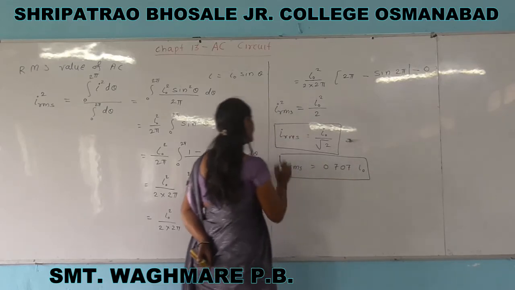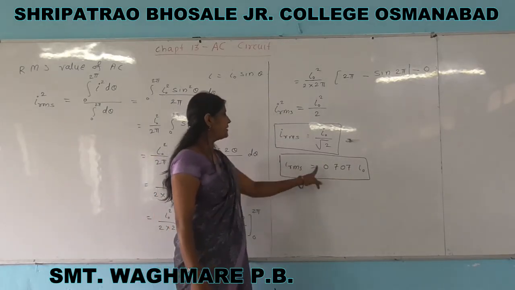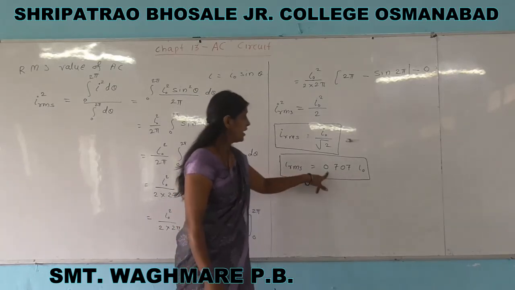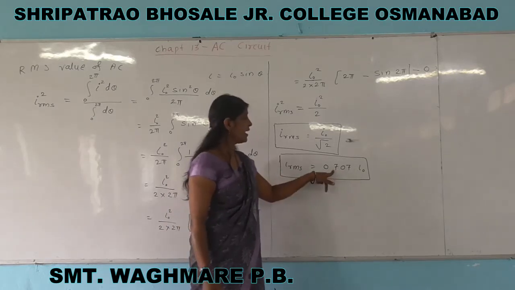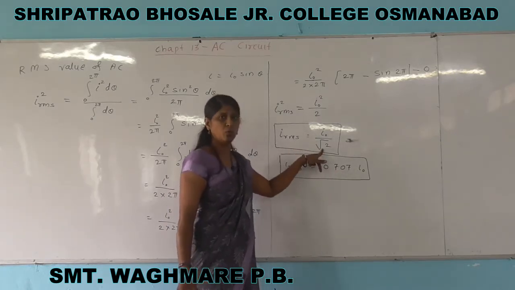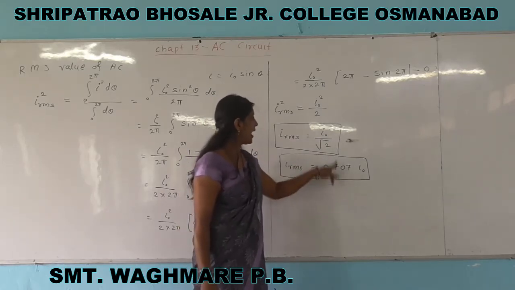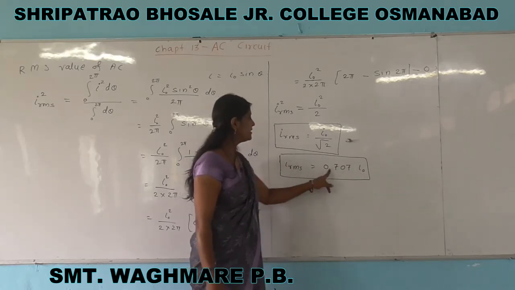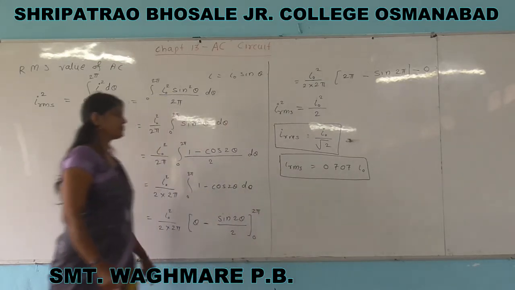The 0.707 is the value of 1 upon root 2, and I naught is as it is. Therefore, I RMS is equal to 0.707 into I naught.